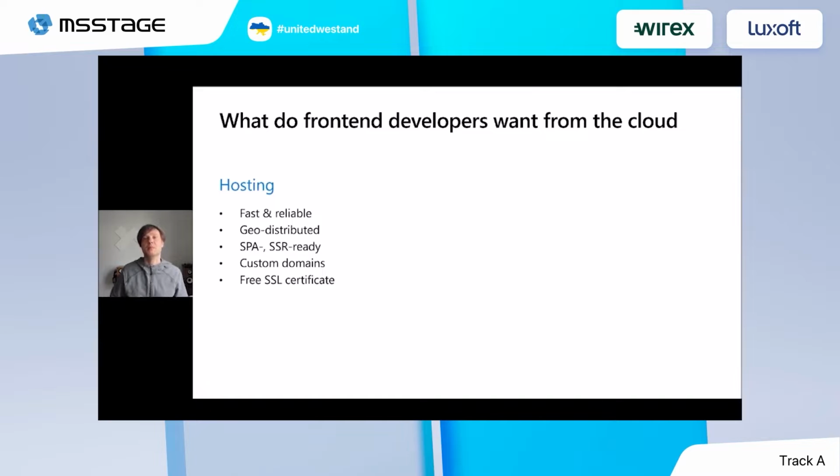At the same time, we are talking about a global community of musicians and DJs, so it totally makes sense to have this application as close as possible to where they reside, where they produce their music. So geo distribution is a very good option.